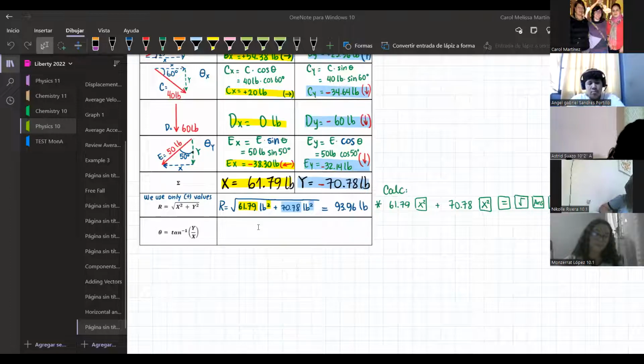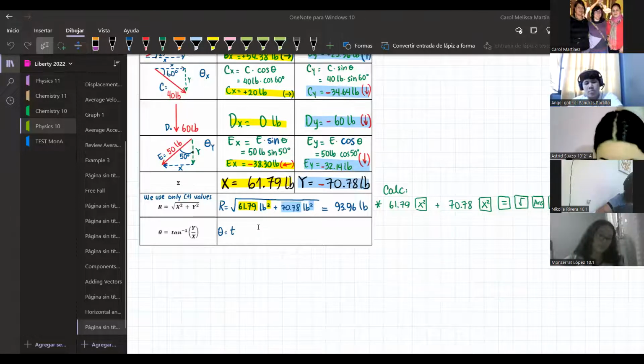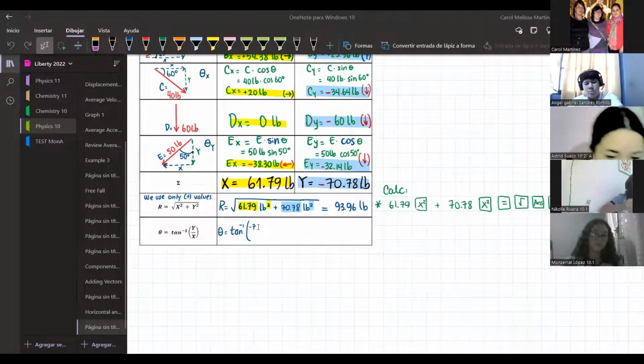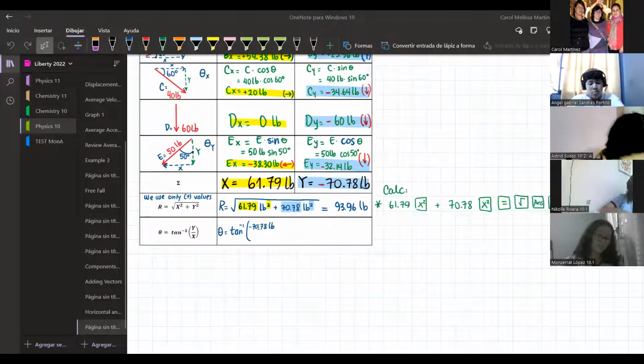And now we get the angle. So the angle is equal to arctangent of y divided by x, negative 70.78 pounds divided by 61.79 pounds. We get rid of pounds with pounds. And how are you going to do this in your calculator?